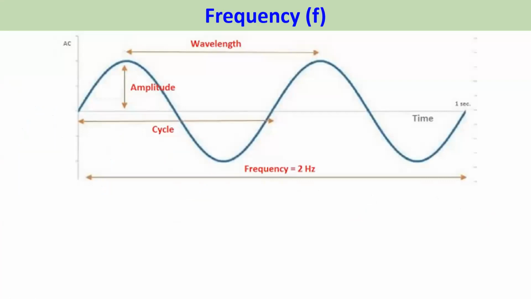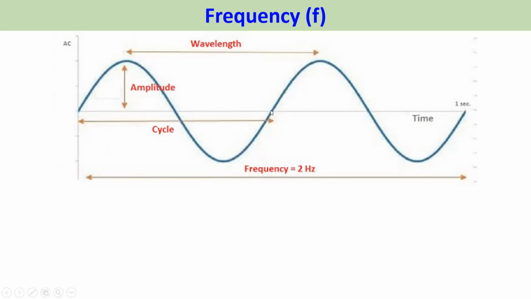Frequency. Look at the diagram here. In this diagram, they are showing some properties. Amplitude, which we learned earlier. Then look at the property called cycle. The cycle you can identify from the starting point to the point where it completes one cycle.